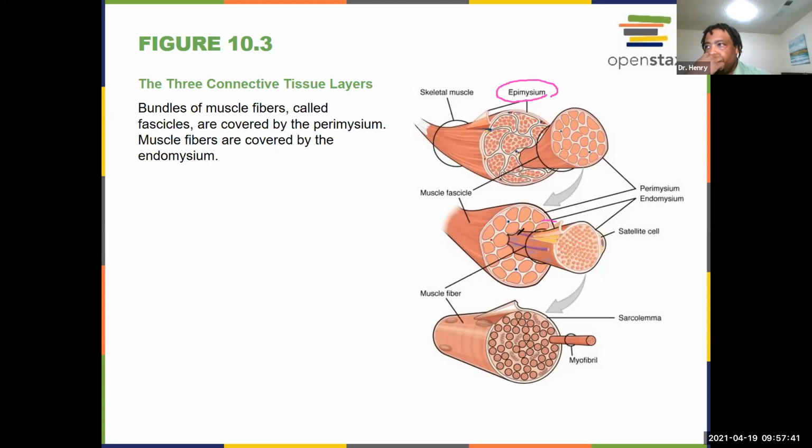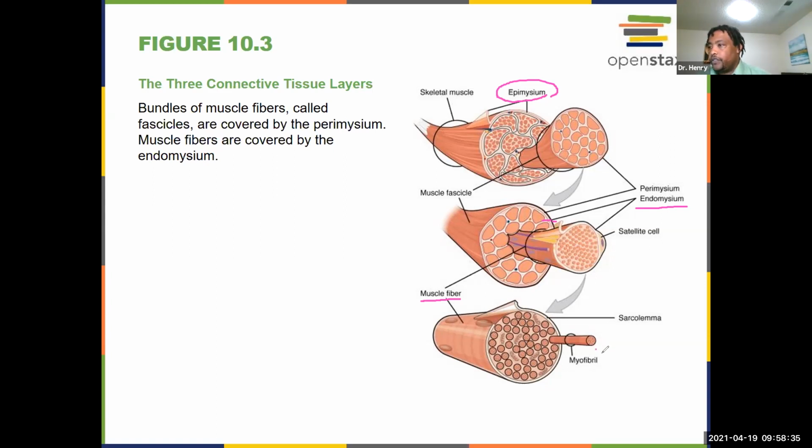If we go even further, these represent just your muscle fibers themselves, covered by the sarcolemma. Then you have your myofibril, which is composed of your actin and myosin chains.